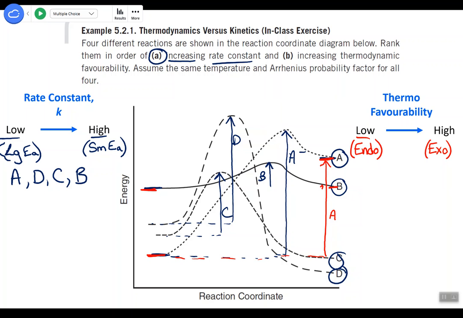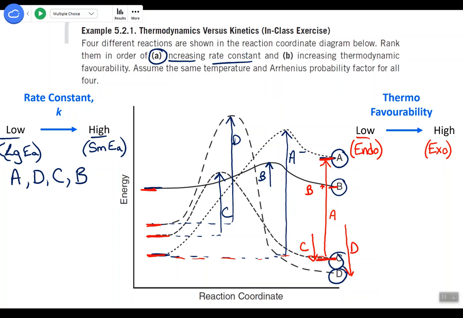Let's just call it a little itty bitty up. For C, I can see this dashed line starts here and ends here. Initial to final, C decreases. That would be exothermic. And then D, the longest dashed line, goes from about here down to there.